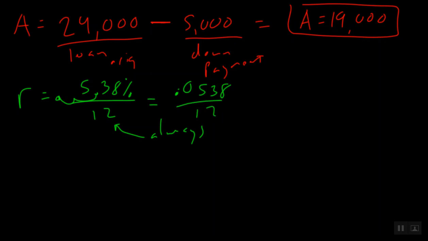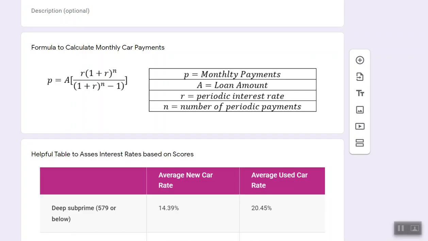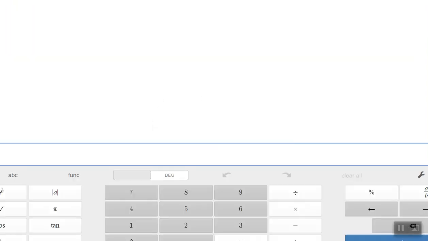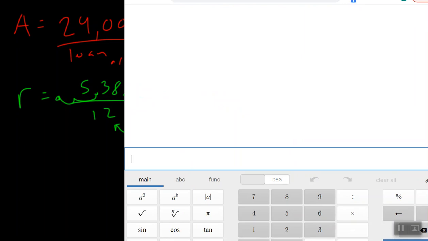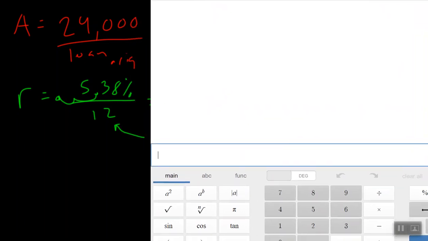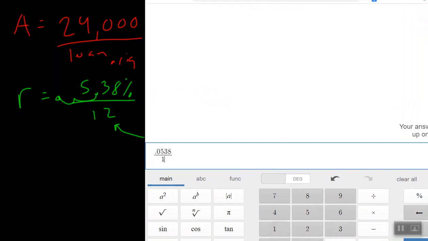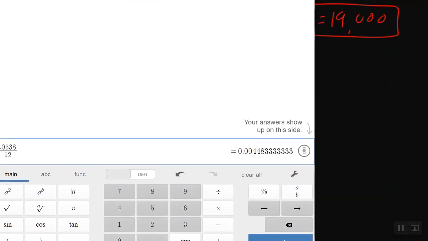0.0538 divided by 12. Now let me go ahead and pull up my Desmos calculator here. Okay, Desmos scientific calculator. And let me just shrink this down so it's here where we can see it. Perfect. So we have 0.0538. We're going to divide that by 12. Maybe it would help to put it like that.